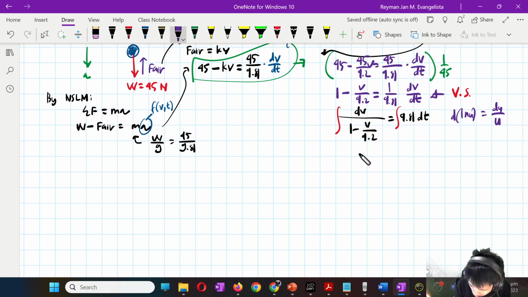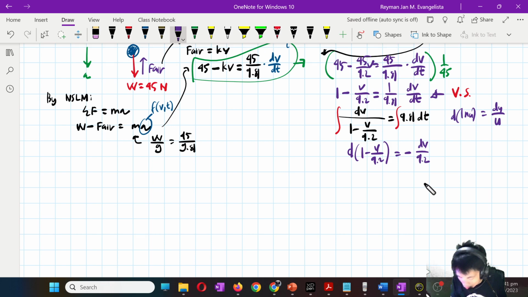To check that, you get the derivative of 1 minus v over 9.2, that is negative dv over 9.2. So to neutralize this integral, we need a factor of negative 1 over 9.2. To neutralize that, we will multiply the integral by negative 9.2.